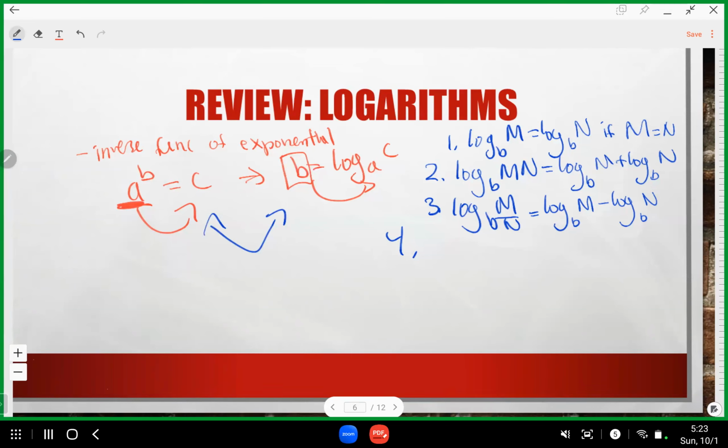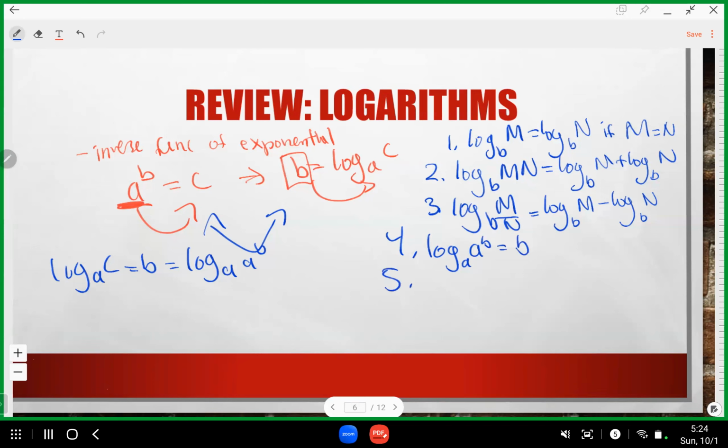So since c is going to be equal to a to the b, then log base a of c, which equals b, is also going to equal log base a of a to the b. So these two a's cancel out. Make sure you know this: log base a of a to the b is just going to be equal to b.